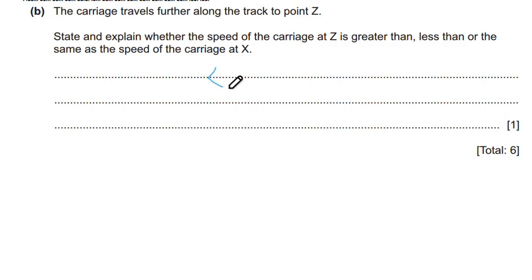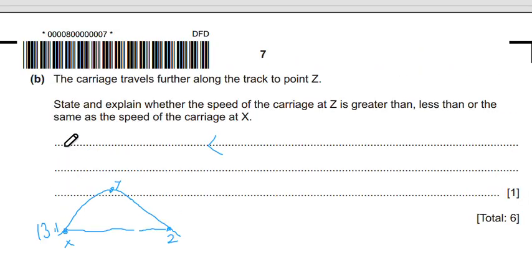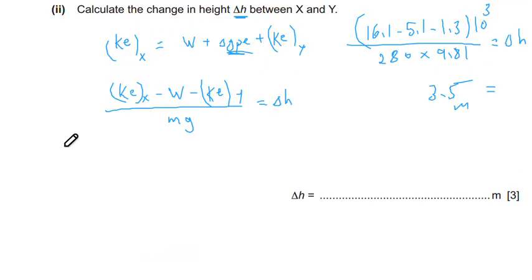it will be less because although there is an increase in kinetic energy from returning back to the same level, so the increase in delta GPE will go back to kinetic energy too, but from Y to Z we still have friction, so we will not have the very similar value of 16.1.